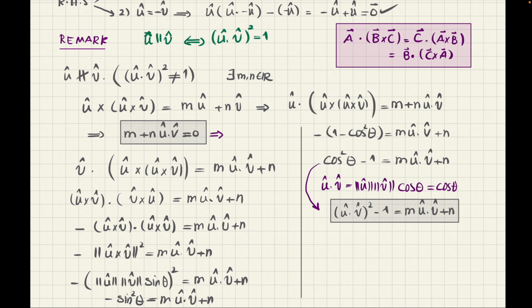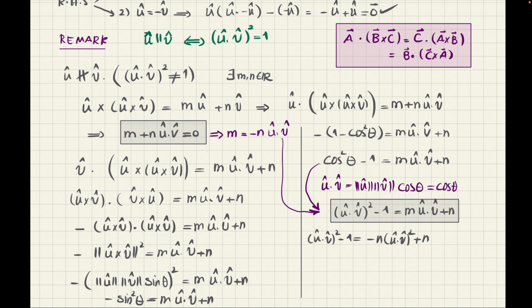From here I can find that m is equal to minus n u dot v, and then I will replace it here in this equation. Yes, I will get (u dot v) squared minus 1 is equal to, instead of m I put that expression, so it becomes minus n (u dot v) squared plus n.